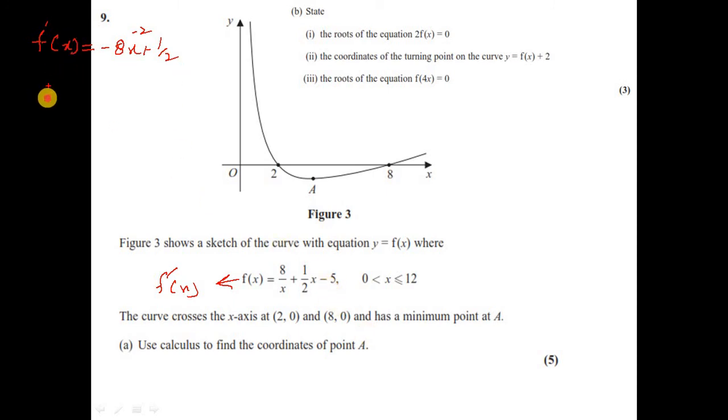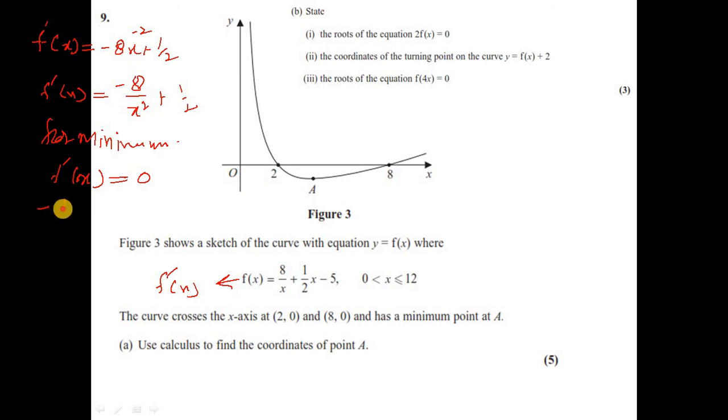Finally, f dash of x is minus 8 by x squared plus half, and for a minimum, f dash of x should be 0.